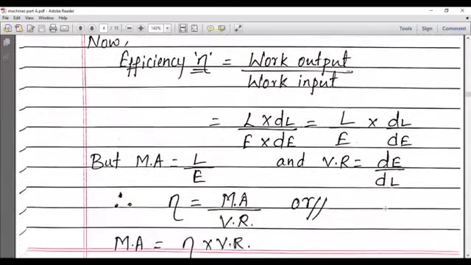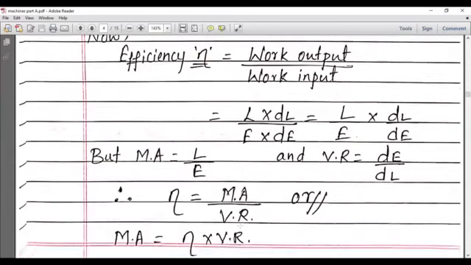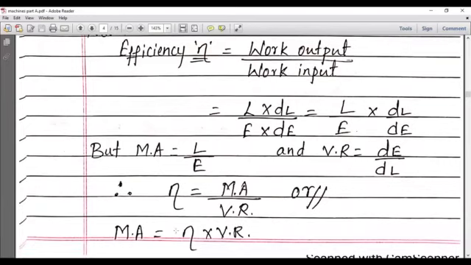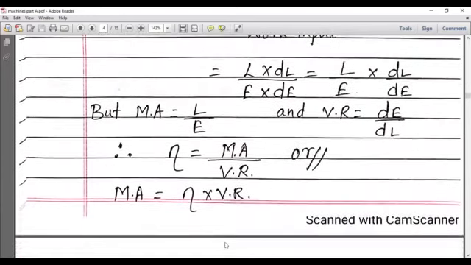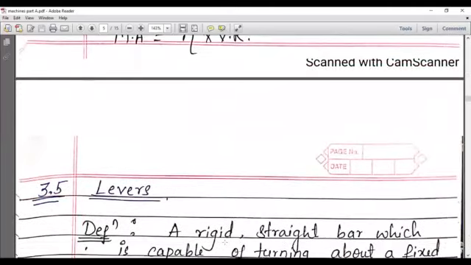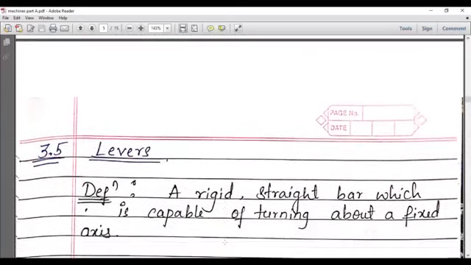So here efficiency will be mechanical advantage divided by velocity ratio, or we can say that mechanical advantage equals efficiency into velocity ratio. So this is the relationship between mechanical advantage, velocity ratio, and efficiency.